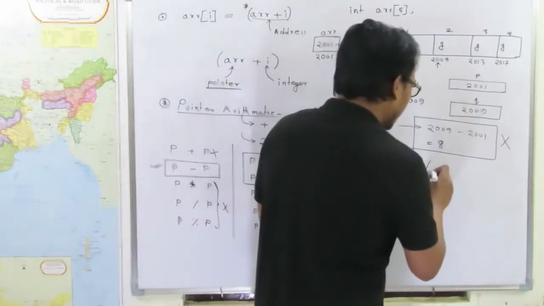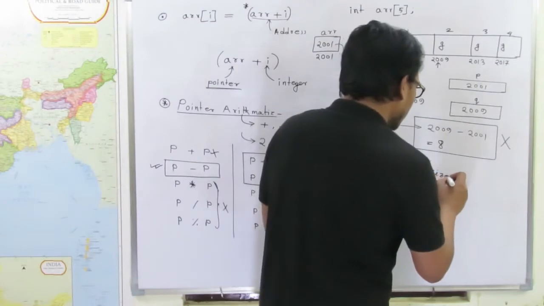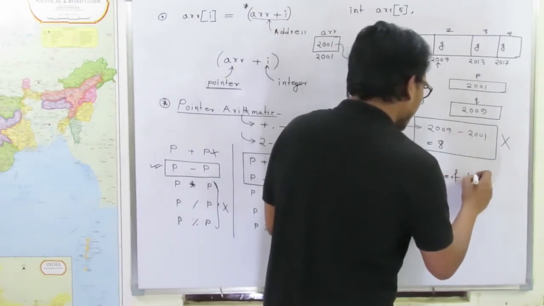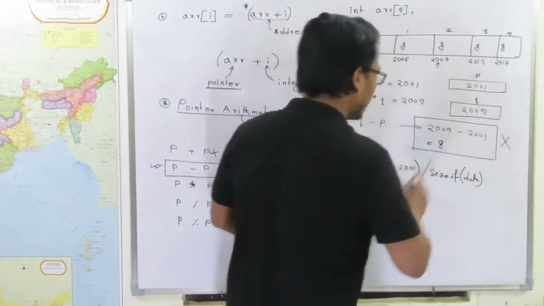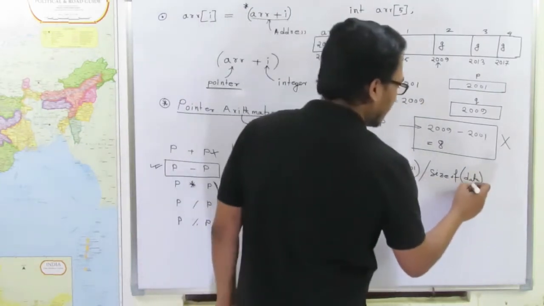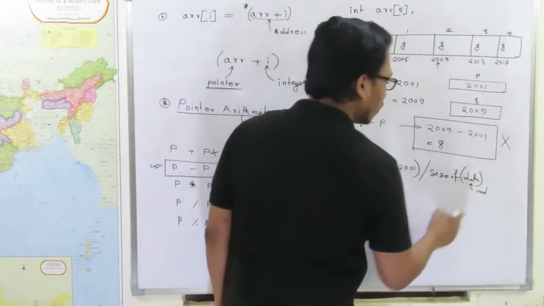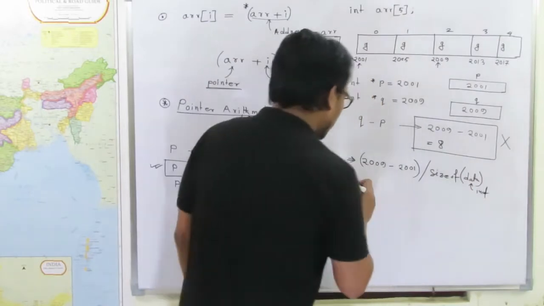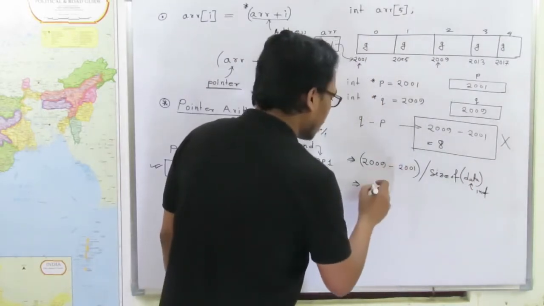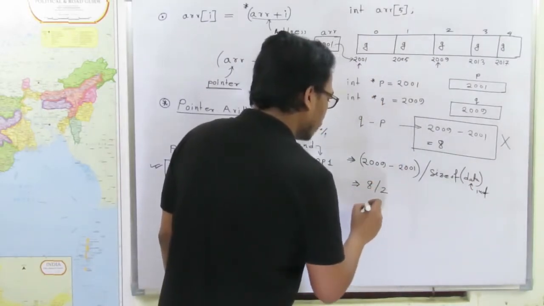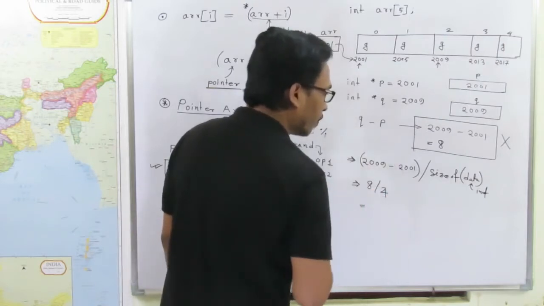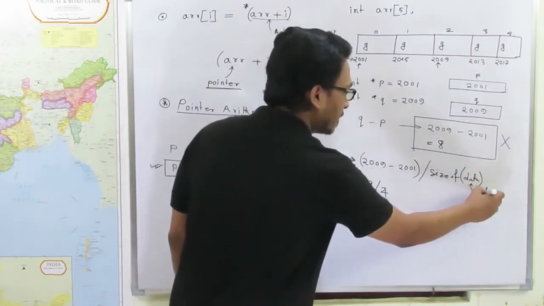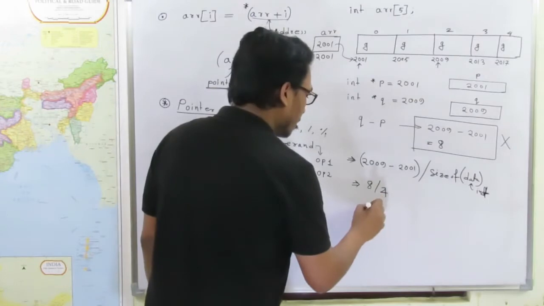So here it will be size of data. Clear? Here the data type is integer, so the size will be 4. So we get 8 divided by 4, because the size of integer is 4. So the result will be 2.